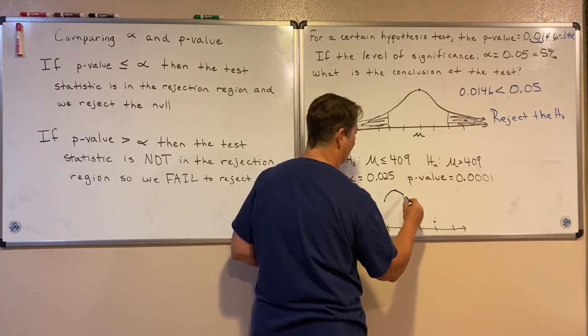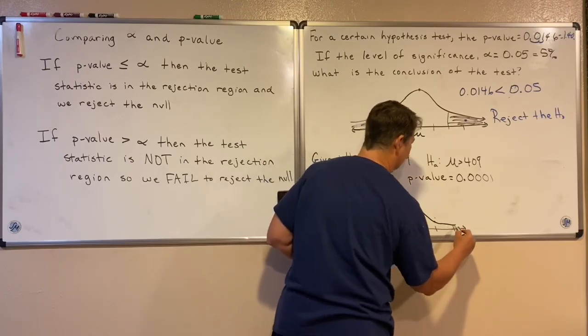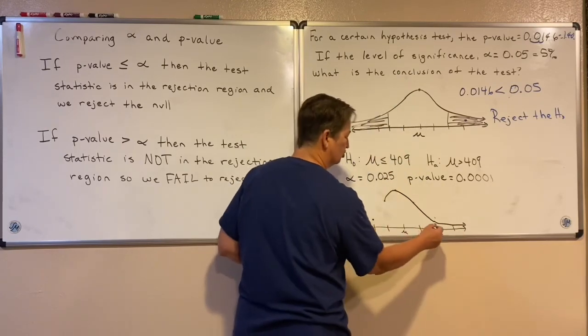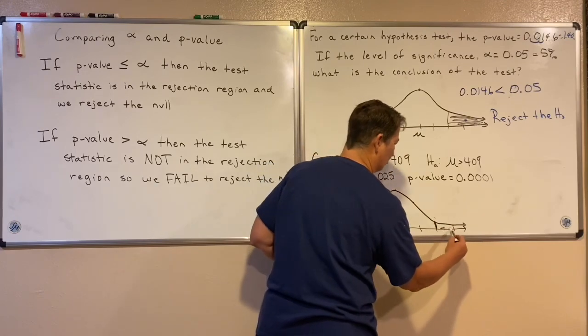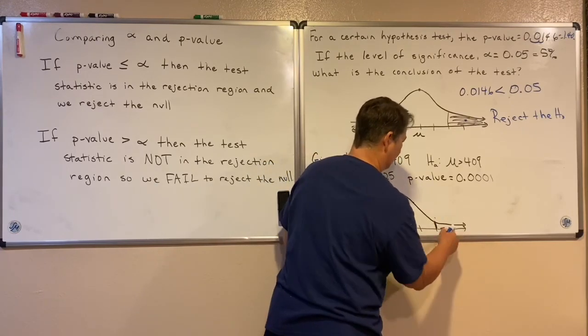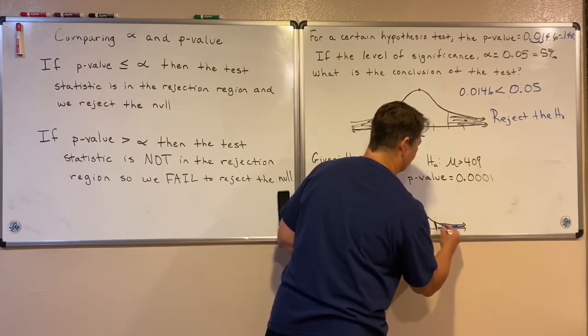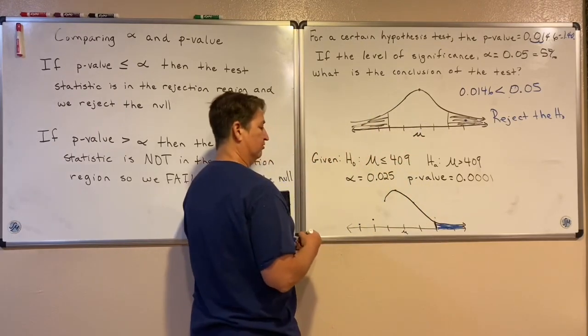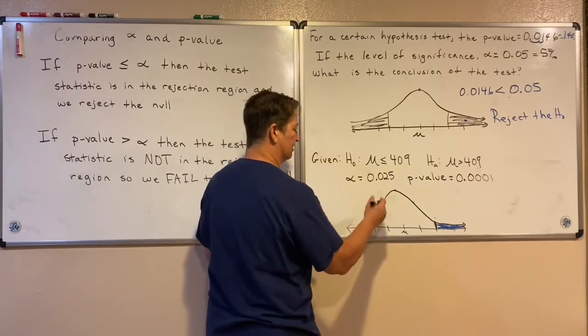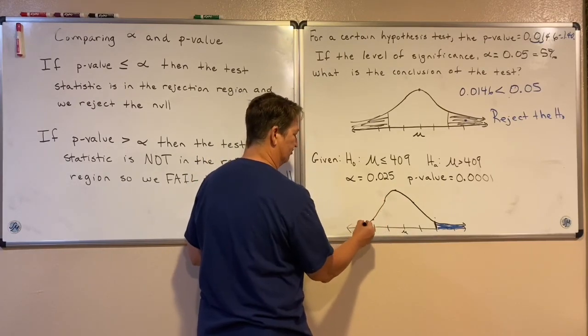So I know that 2.5% is out 2 standard deviations. Here's my rejection region. Here, I'll do it in blue. My rejection region is there in blue. So the probability that I get something out there is only 2.5% of the time.